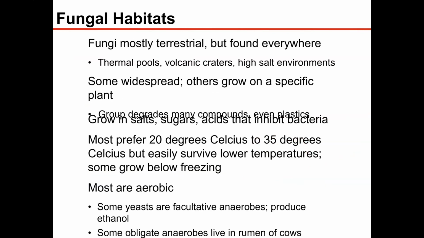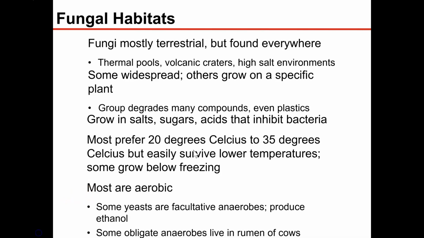I mentioned that fungi are terrestrial, but they can be found in other environments as well. You can find fungi in thermal pools, in volcanic craters, even in high salt environments. They grow in salt and sugar.